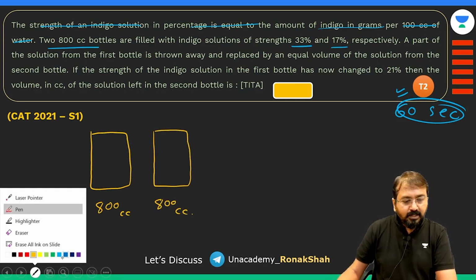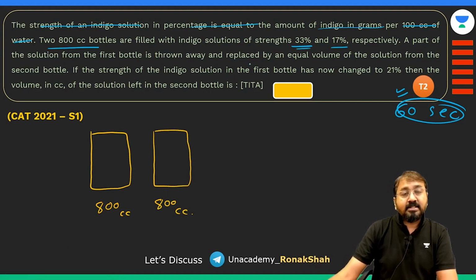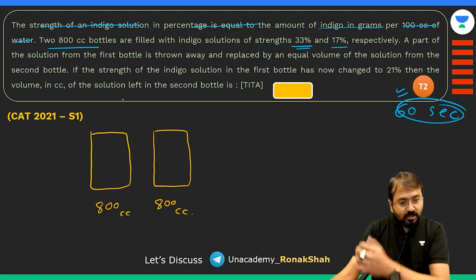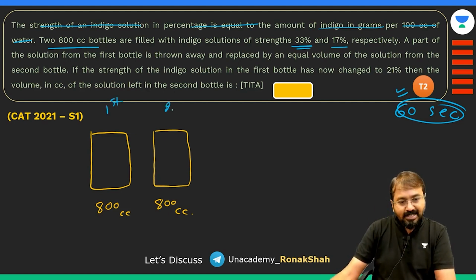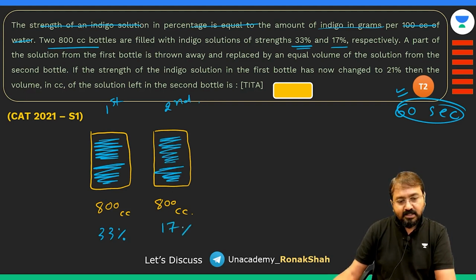It has the indigo solution and the concentration is given as 33% and 17%. This is the first bottle, this is the second bottle. We are indicating indigo by blue color, so this is the 33% solution in the first bottle, and in the second one we have this 17% solution.